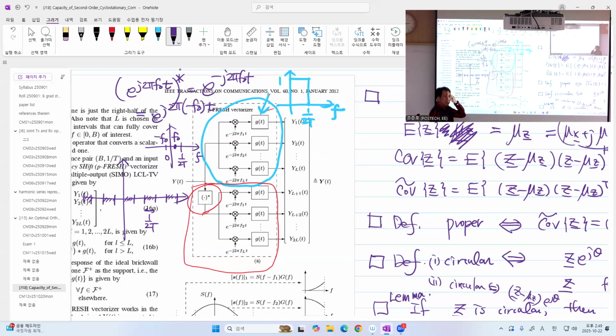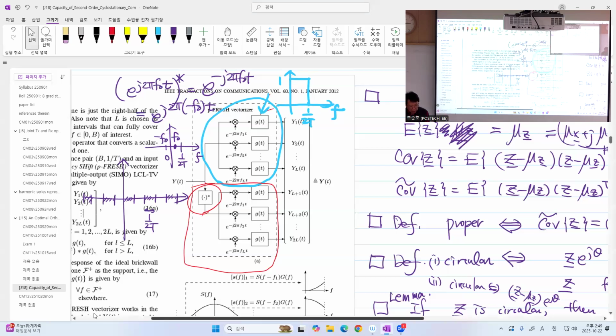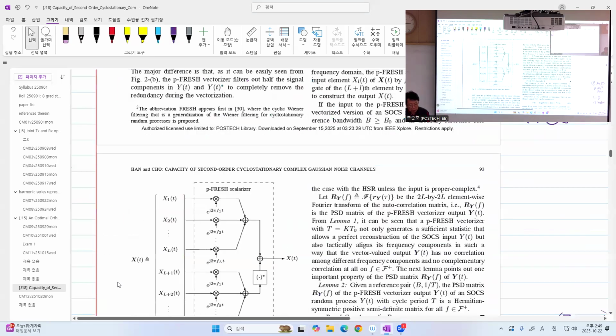So in that sense, the output is containing all the information of y. Because no signal, no frequency component is removed, right? All the frequency components appear at the output. And each frequency component appears just once. Got it? That's why you may have the inverse system looks like this.